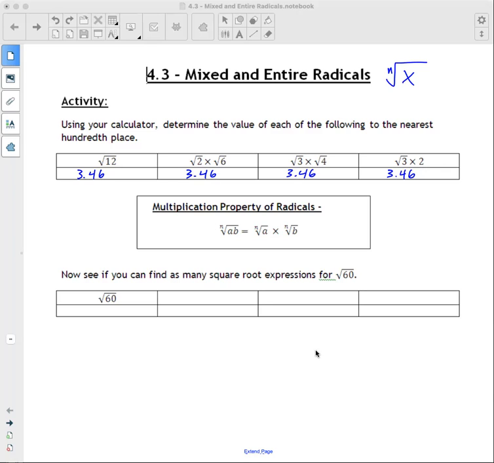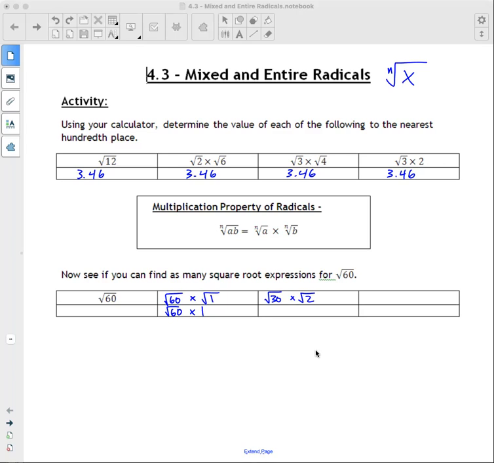Root 60 is equivalent to root 60 times root 1, which simplifies to root 60 times 1, since root 1 is equal to 1. We could write root 60 as root 30 times root 2.